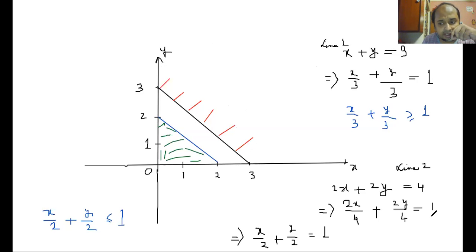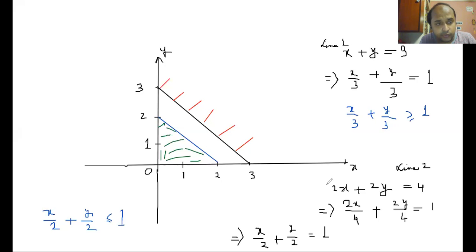In the note it was written that after marking the region, you are going to find the common feasible region. The common feasible region means the variables are non-negative, and the region is the common part of the region bounded by all the straight lines. So you have to mark them.